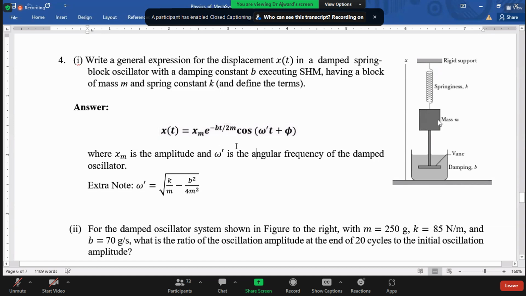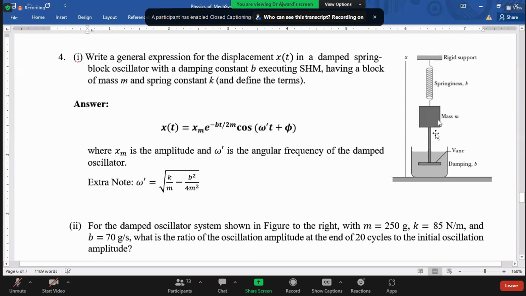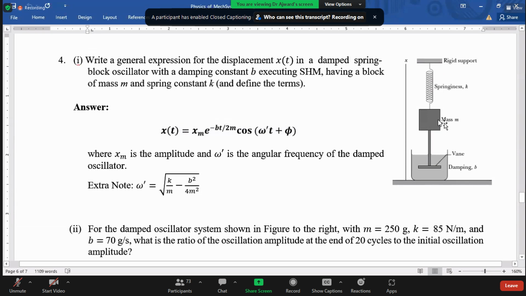You can look it up in the lecture notes, how to derive this for the damped harmonic oscillator. Remember the damped harmonic oscillator: there's a spring, the block, and additionally there is a vane that is immersed in a cup of water, which causes the damping when this oscillates up and down.